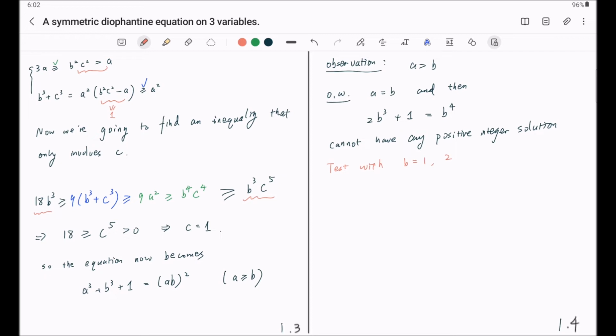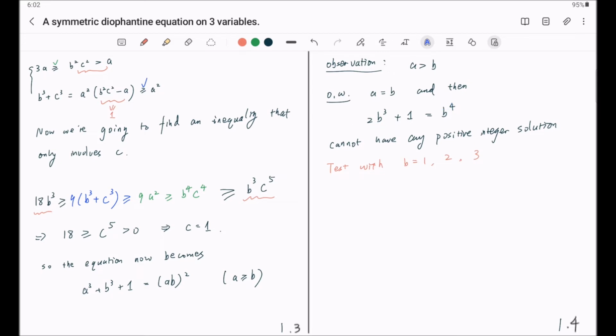Now B equal to 2. What happens when B is equal to 2? This is also not an equation because the right-hand side is 16, and the left-hand side is 1 plus 16. Now what about the case when B is equal to 3? When B is equal to 3, the right-hand side is 81.